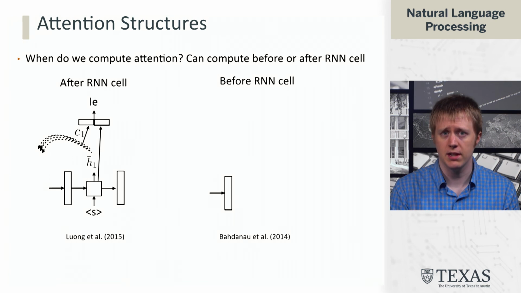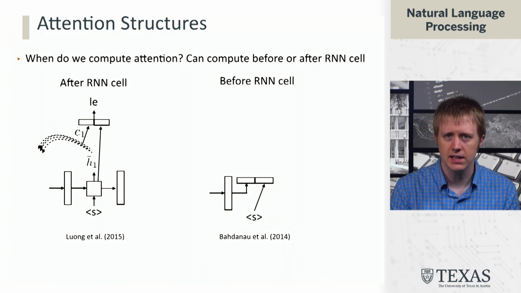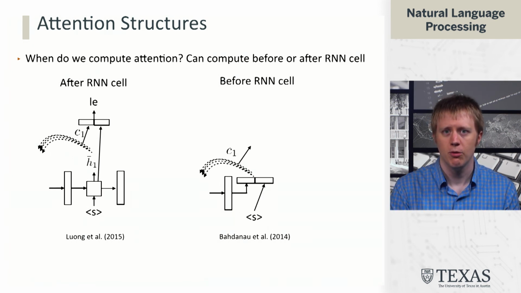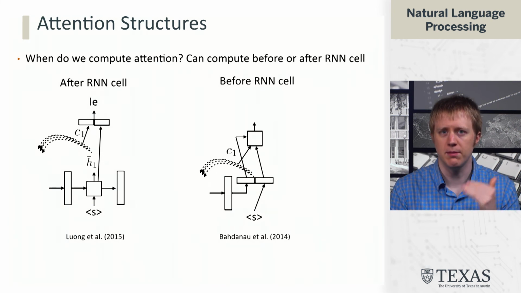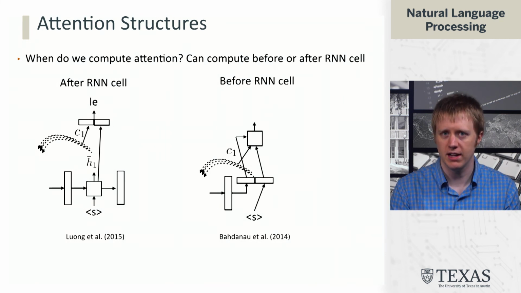In 2014 had a slightly different version of this where you basically compute the attention before you feed the input into the RNN cell. So basically the previous RNN hidden state and our current input are used for the attention computation.